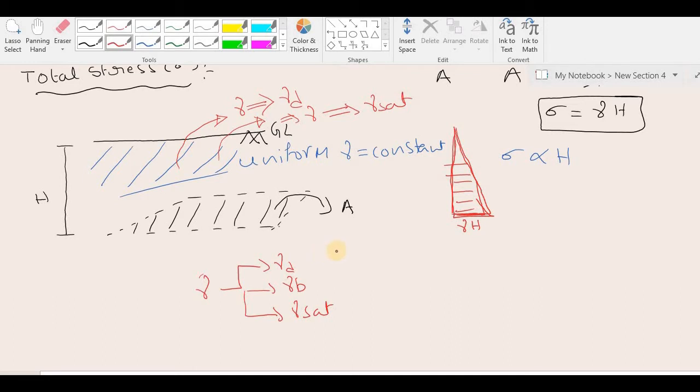How are these classified? With respect to degree of saturation. Let's say in this gamma dry, if we draw the phase diagram, gamma dry means oven dry soil sample. We generally take oven dry soil sample. In that case, this is solids and this is air.